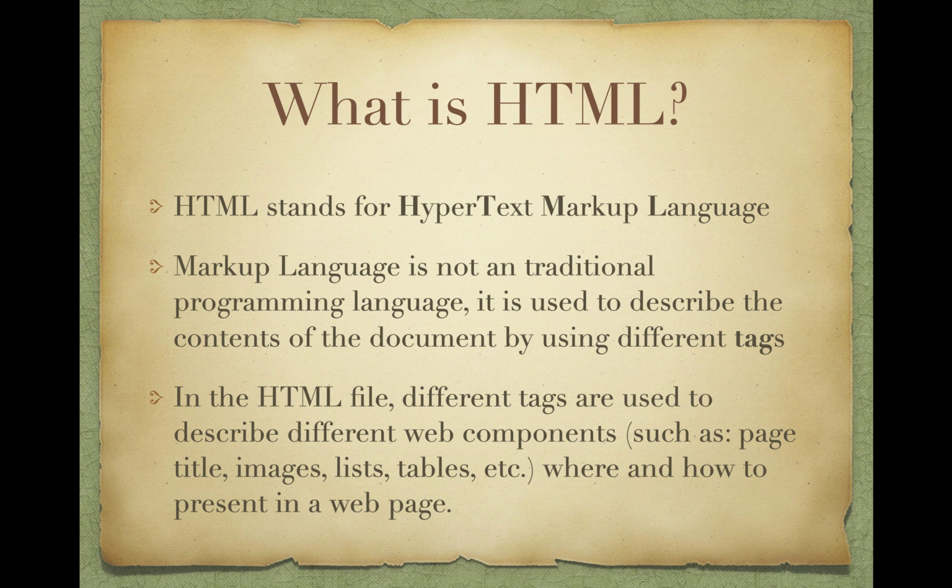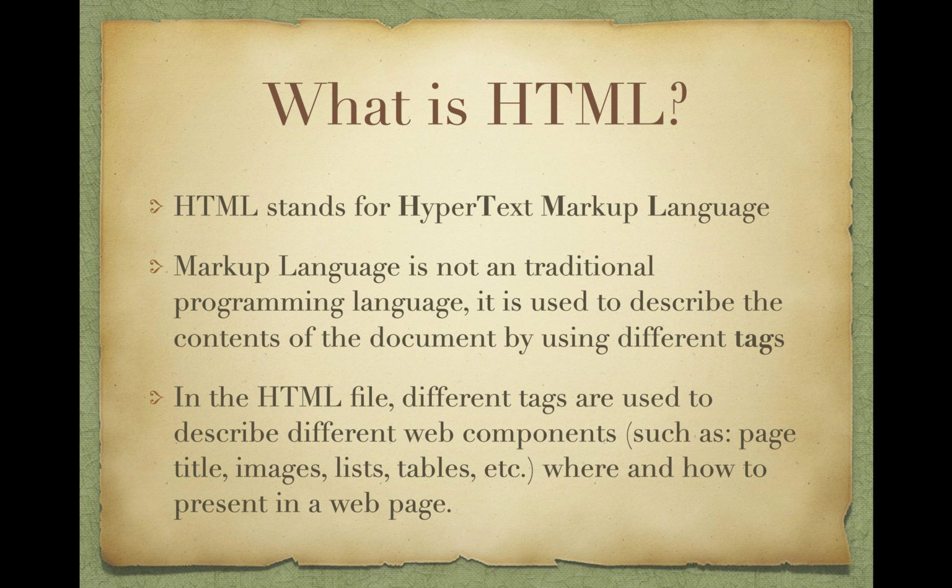So please note, tags are a very important component in HTML, because every web component will have a corresponding tag, and we can use the tag to describe what kind of content we should put in the web page.